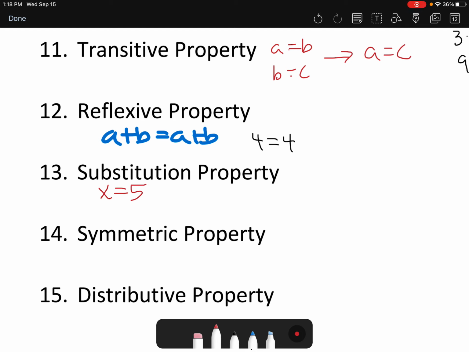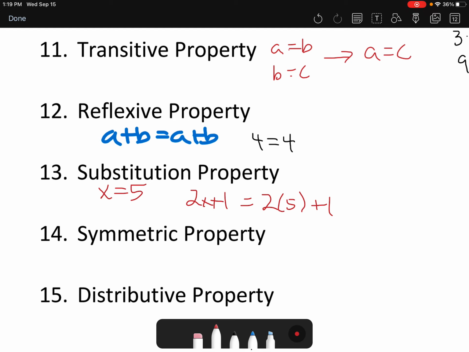If we already know that X equals 5, and we needed to find 2x plus 1, then that substitution says we can change that into 2 times 5 plus 1. We're taking out the x and replacing it with that number 5. That's what substitution looks like.